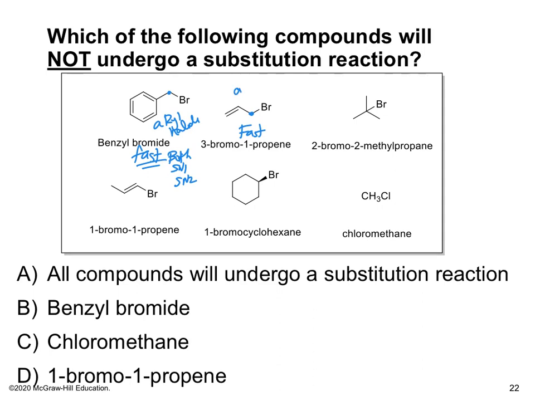This is a vinyl, no, an allylic halide. So these are super fast. This is a tertiary. See, that's a tertiary. So you want to classify these because you're going to have to determine which will go SN1 the fastest versus SN2.